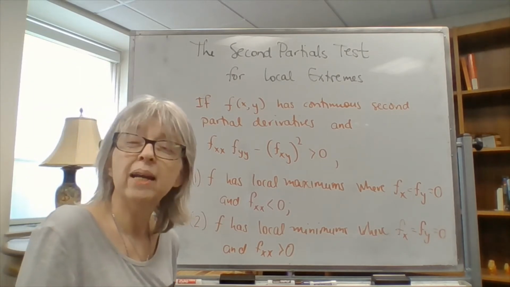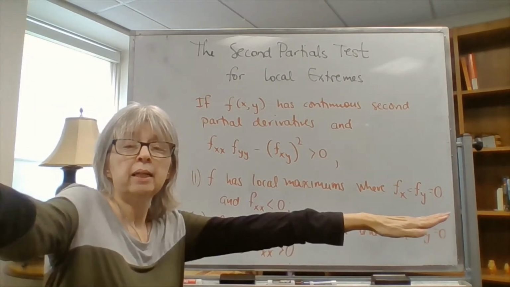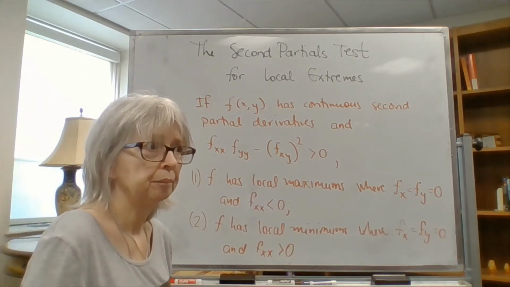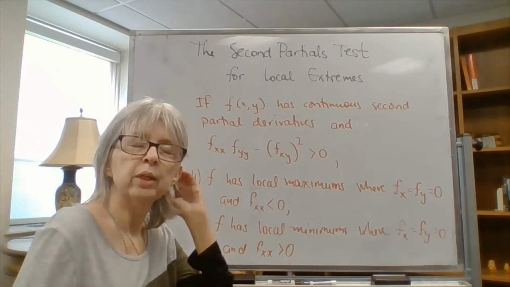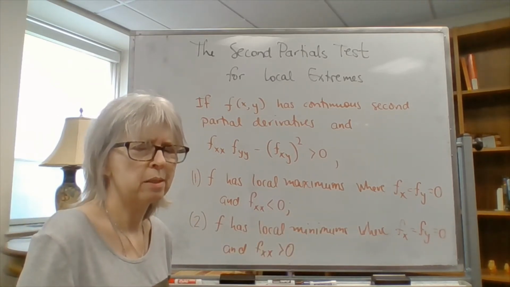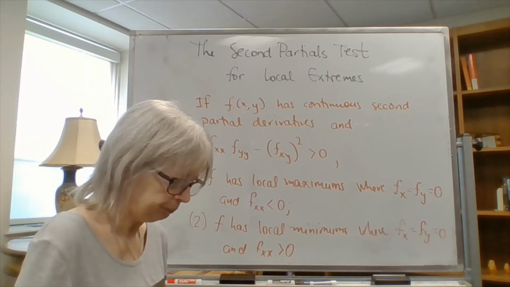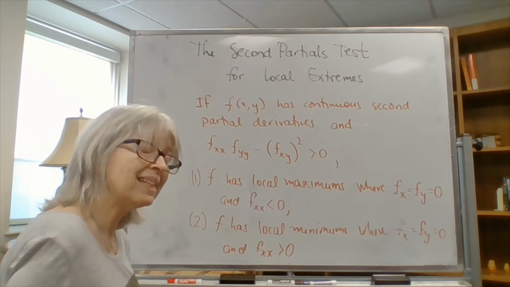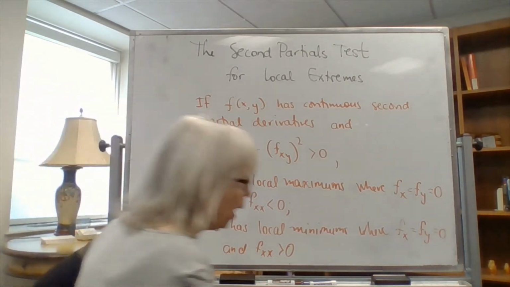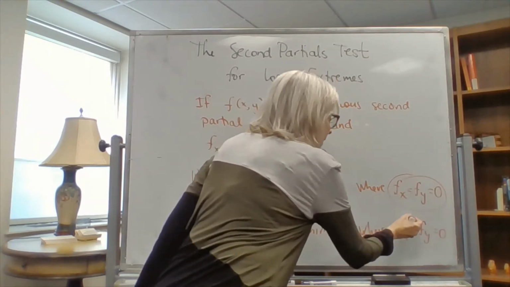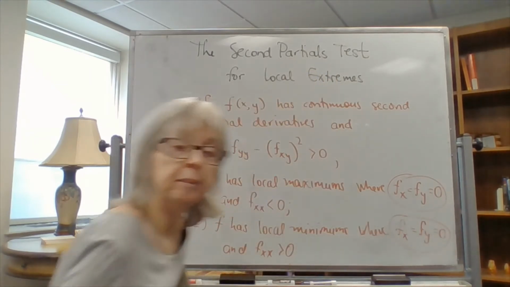Now we get away with just focusing on the x direction and the y direction. The reason why we get away with focusing on just walking in those two directions is beyond the scope of this course. But the way we're going to find the points in the domain where we could have a local maximum or a local minimum.